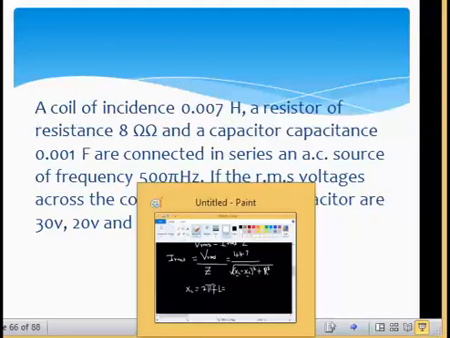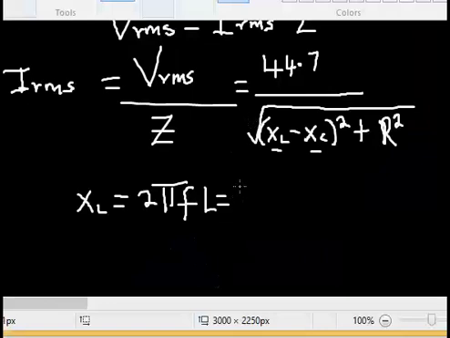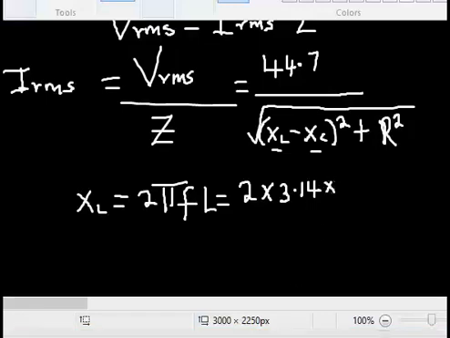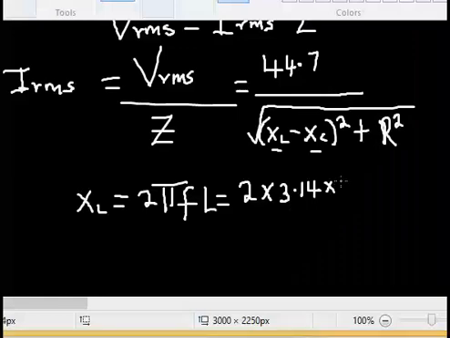So what I'm having here now is going to be equal to 2 times pi, which is approximately 3.14, right? Then multiply by the frequency, which is 500 pi.